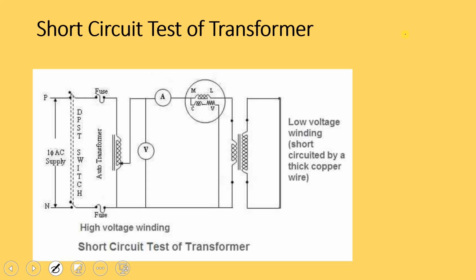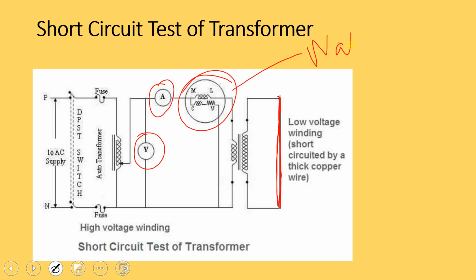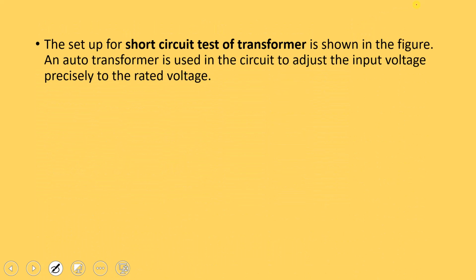Then the short circuit test. In the short circuit test, we join the secondary side with a thick copper wire, and we have the voltmeter, ammeter and power meter or wattmeter. This shows the setup.